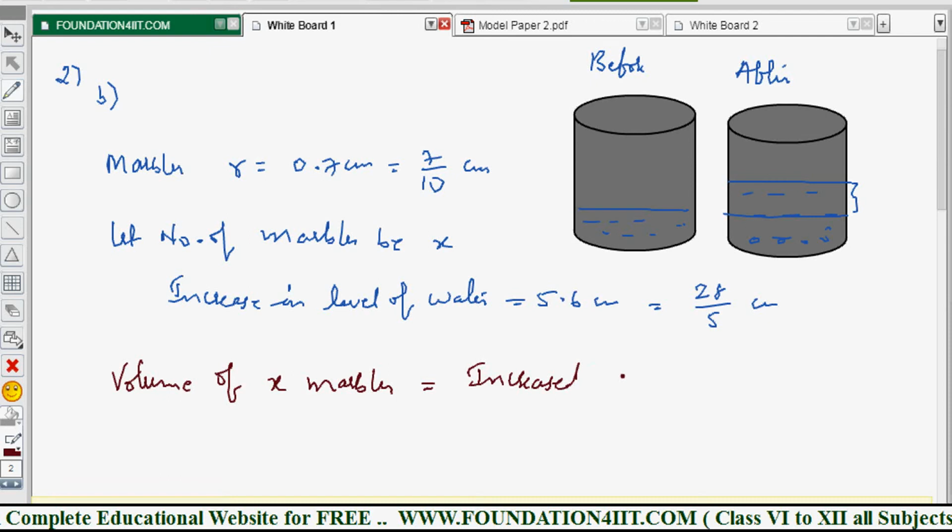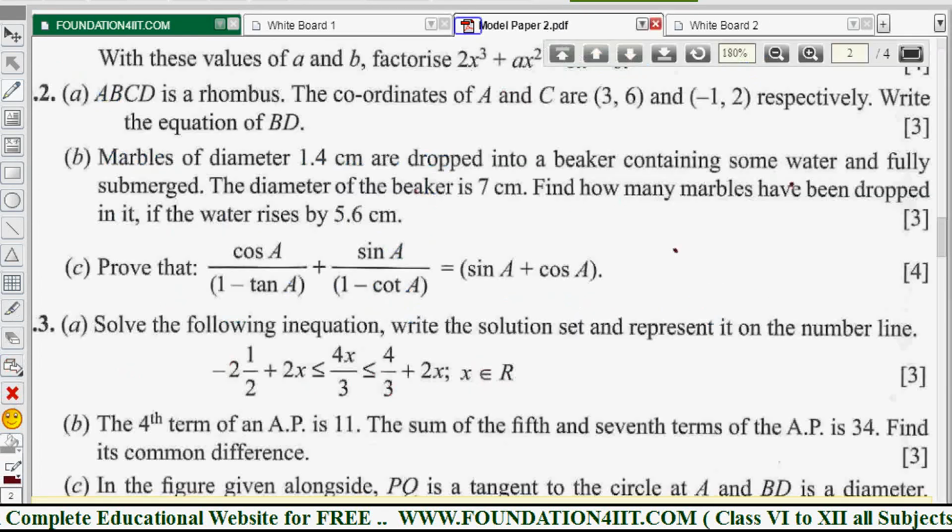The beaker's diameter is given, and the marble's diameter is also given, so we can apply this.